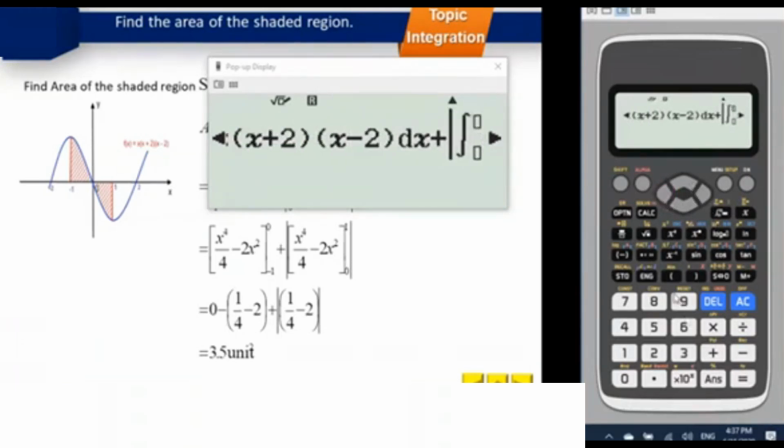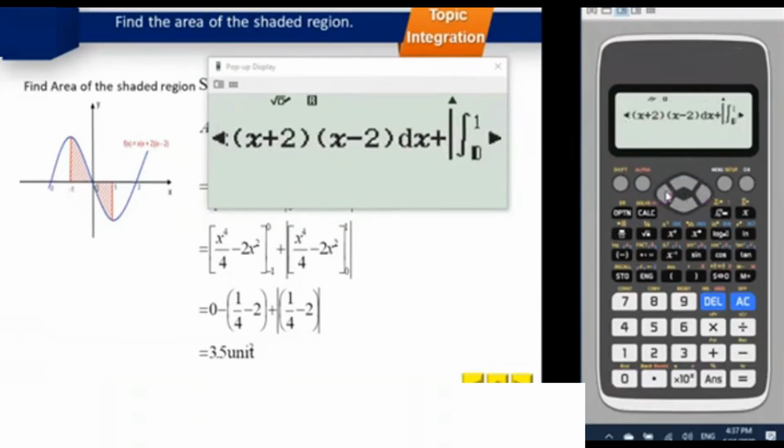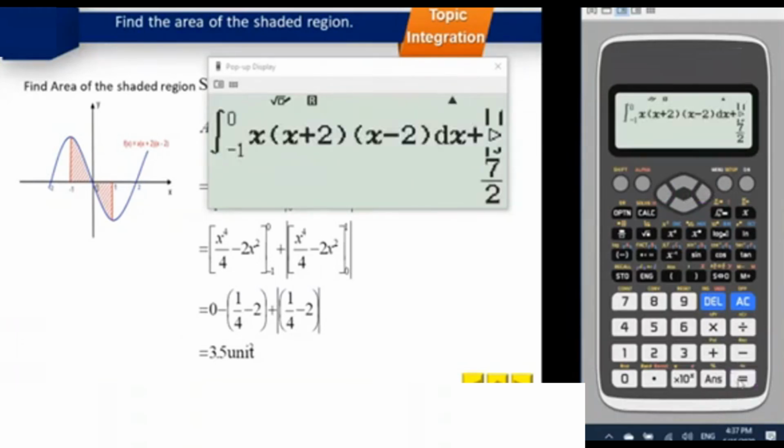The upper limit is 1, the lower limit is 0, and now please ensure all the brackets that were open are closed, and you will press equals to. Your answer is 7/2 or 3.5. I hope this is clear.